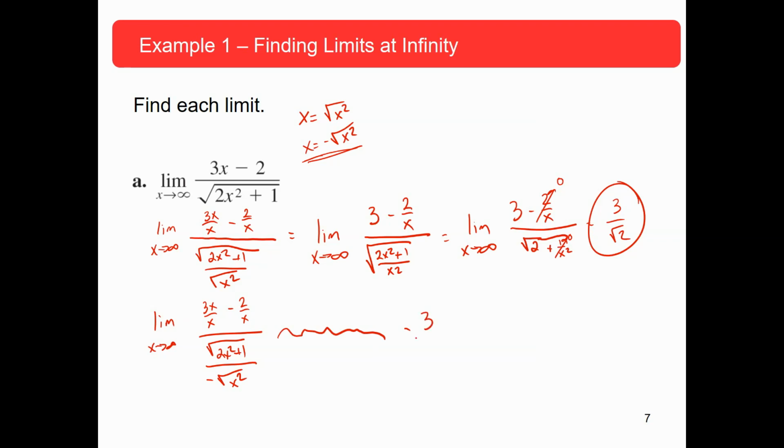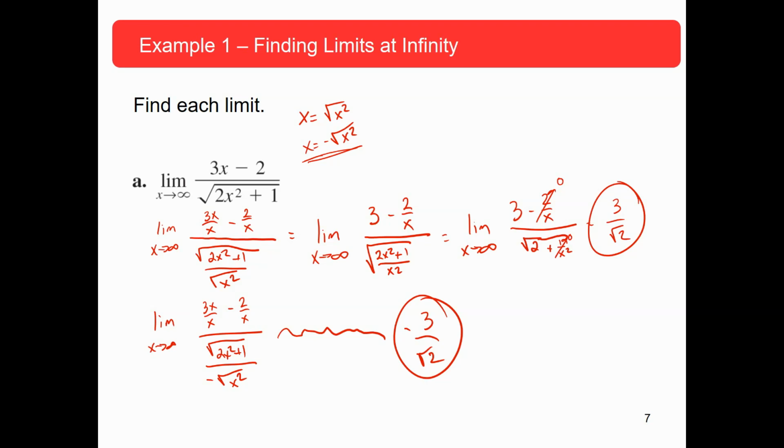You're going to wind up with negative 3 over root 2. So notice they have different horizontal asymptotes depending on which side they're going to. That's a byproduct of this irrational type of function. Rational functions always have the same horizontal asymptote on both sides. So you'll notice that with these radicals, you'll wind up sometimes with different ones.